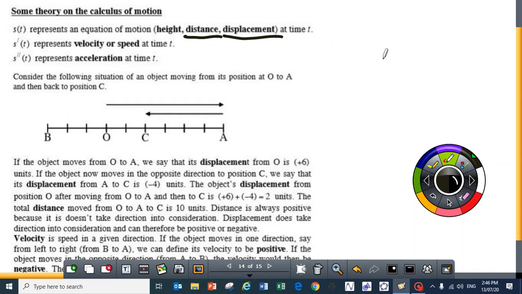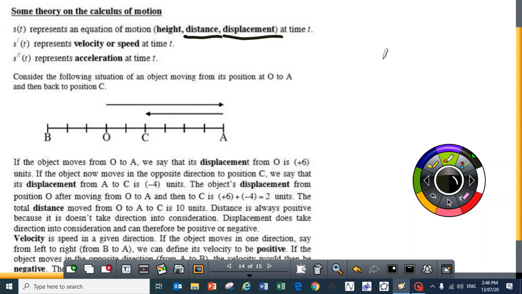So you have your s(t) there, which represents any of those three at any time t. Then the first derivative of a displacement function, a distance function, or a function involving height is called the velocity. Remember, velocity is speed in a specific direction.